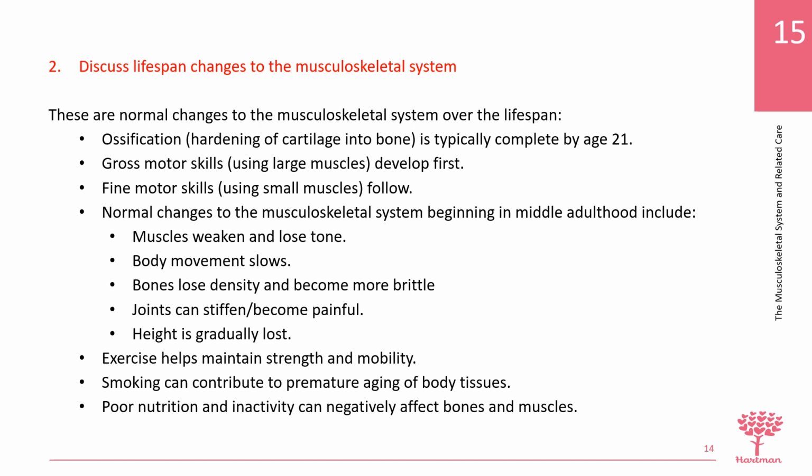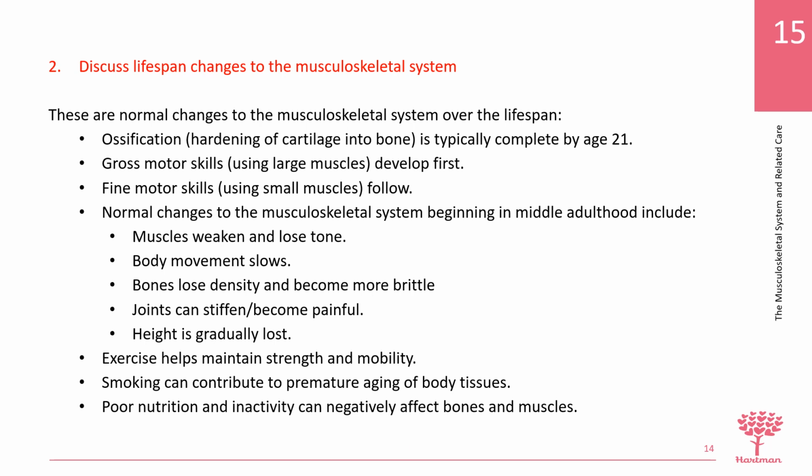Normal changes to the musculoskeletal system beginning in middle adulthood include that the muscles will begin to weaken and we may begin to lose muscle tone. The body movement slows, and bone loses density and becomes more brittle. I want you to think about what your patient is more at risk for if their bones become more brittle. There is a safety concern here.